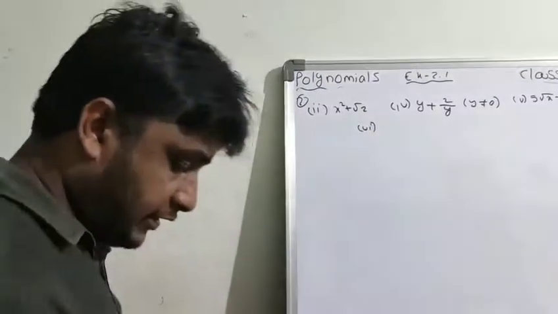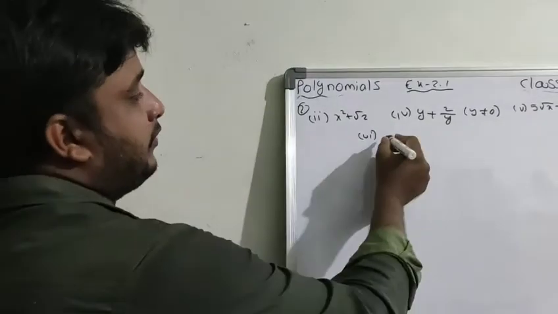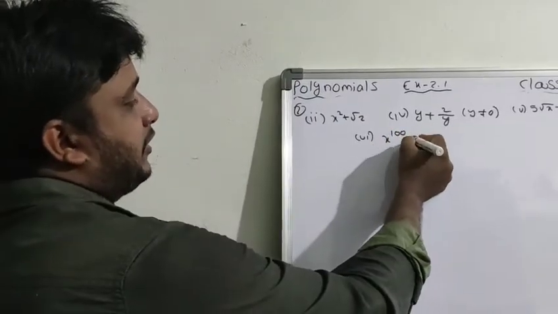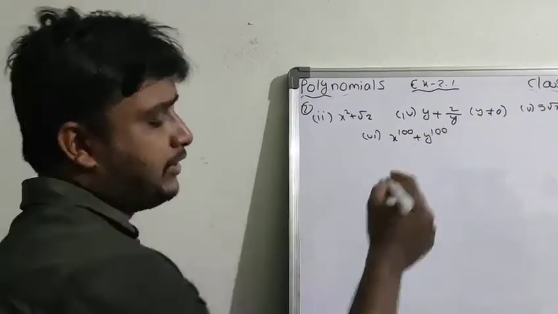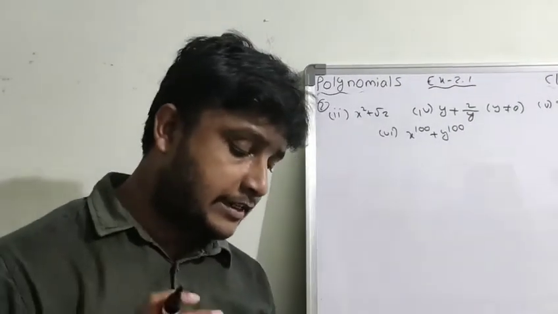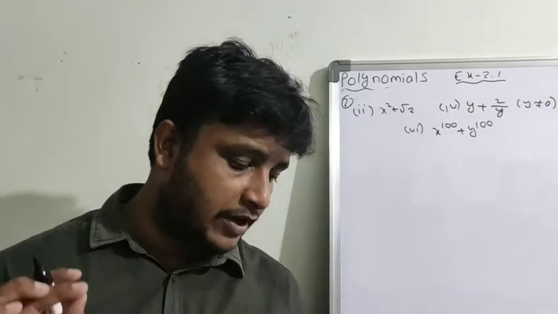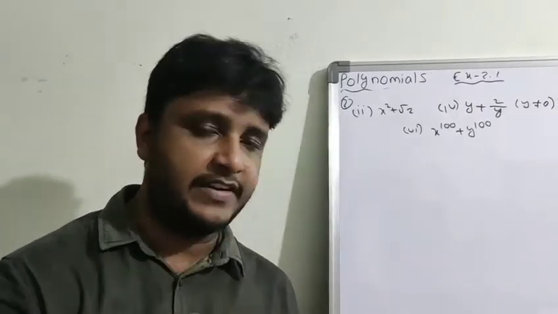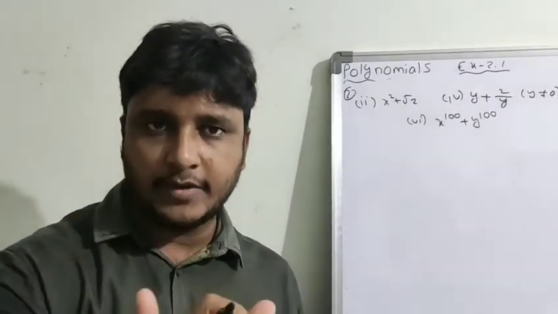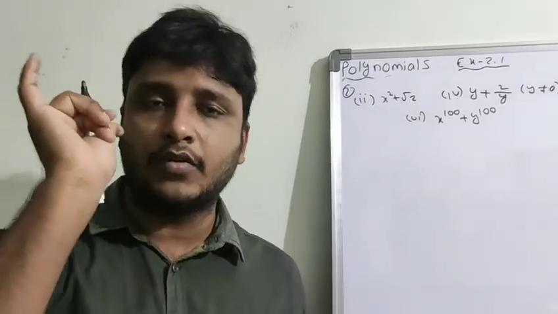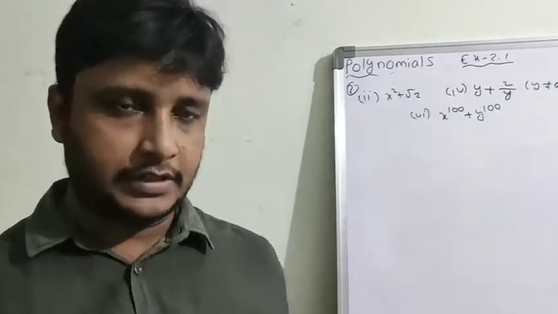Sixth bit: x to the 400 plus y to the 400. You should read and understand the question properly. Which of the following expressions are polynomials in one variable? They should be polynomials, and they should have only one variable. That is the point we have to discuss.